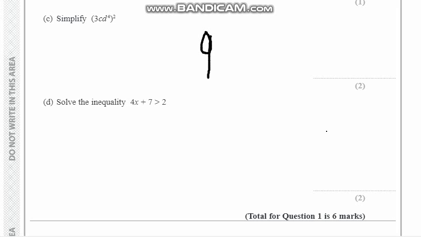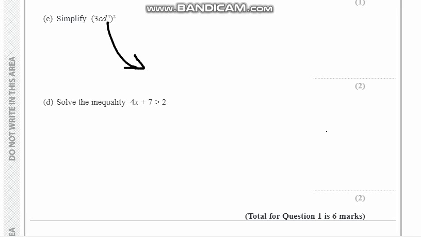Now moving on to the letters. For c, we'll raise it to 2 as it is, so it will be c squared. Now the d, this one is a bit complicated for some students, and they end up making mistakes here.